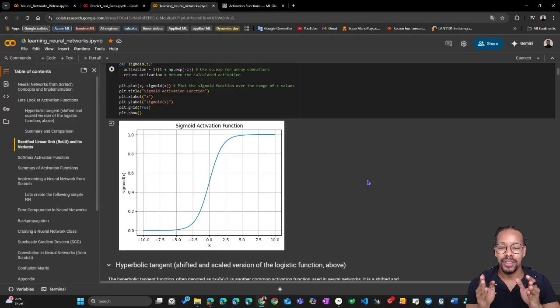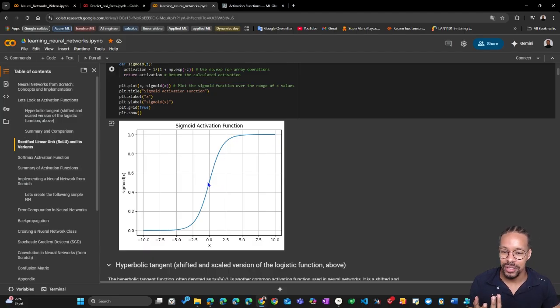If the value is a big negative number, you go towards 0. If the value is a huge positive number, it goes towards 1. And this also comes with a problem: it gets so close to 1 that convergence slows down when the numbers are very big.